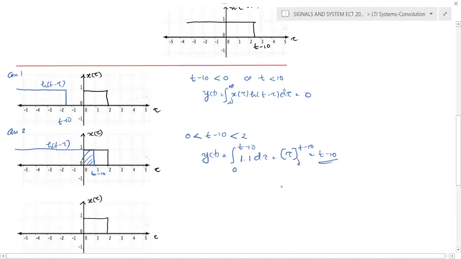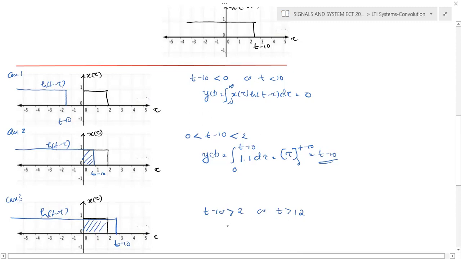Now we can consider the next case, where t minus 10 is crossing the point 2. Assume it's somewhere here, and this is t minus 10. This h of t minus tau is a very long signal that starts from minus infinity onwards. After this point, you will get exactly the same constant area when t minus 10 is greater than 2, which means t is greater than 12.